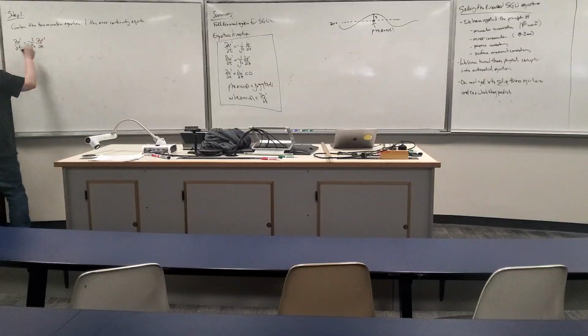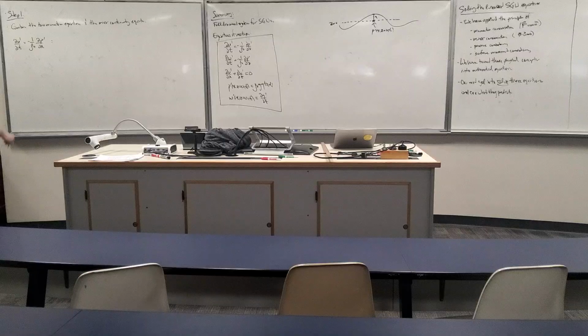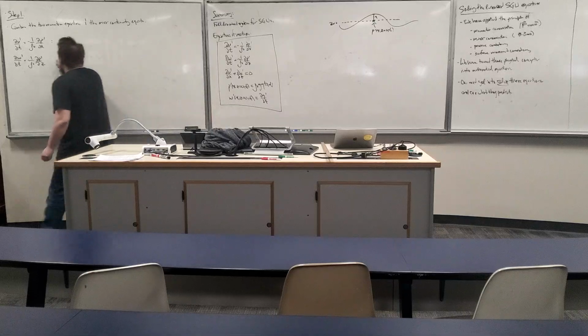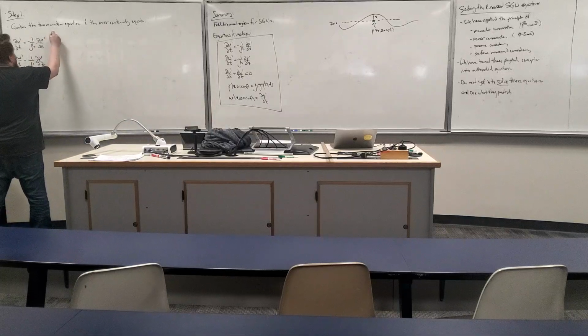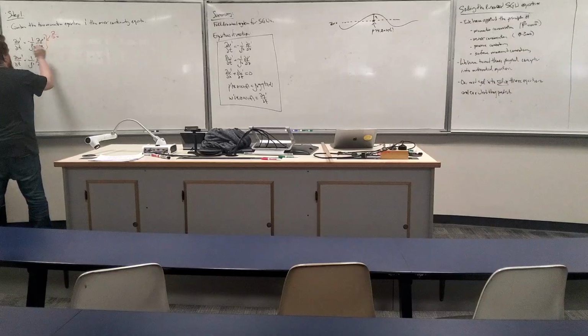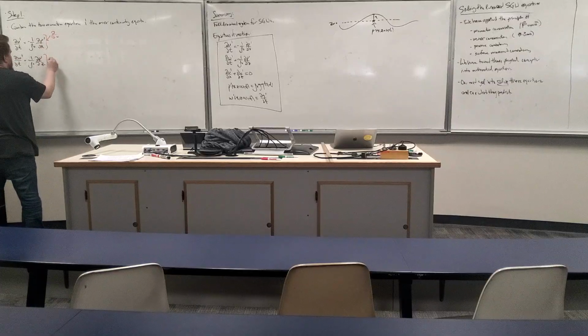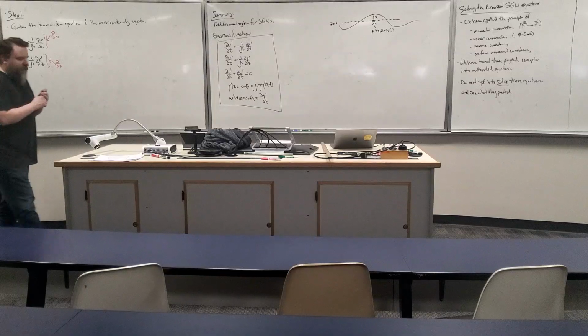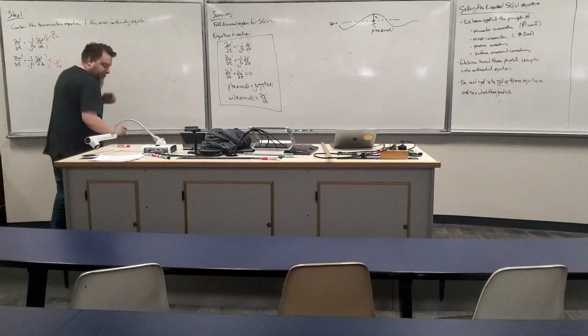And we have also dw prime dt equals minus 1 over rho naught dp prime dz. So what we're going to do is take d by dx of this whole equation, and d by dz of the bottom equation. The x derivative of the top equation and the z derivative of the bottom equation.